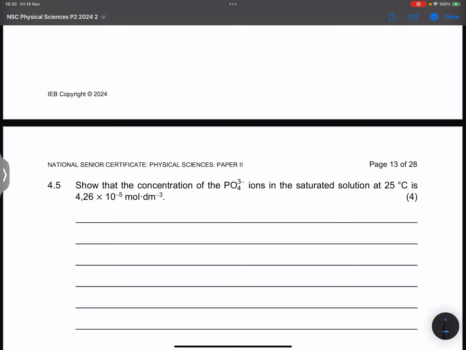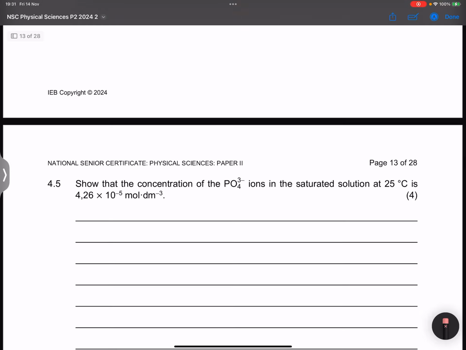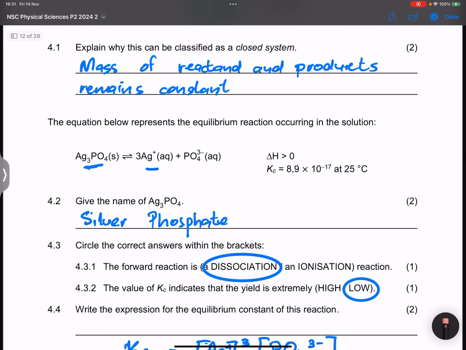Now they say, show that the concentration of phosphate ions in the saturated solution at 25 degrees is given by that. We already have the Kc expression. Whatever happens, let's say we produce an X amount of phosphate ions. How much will we produce of the silver ions? It will be 3X.